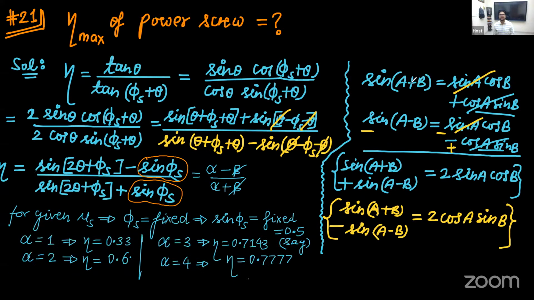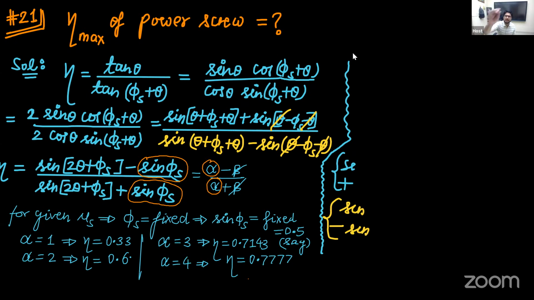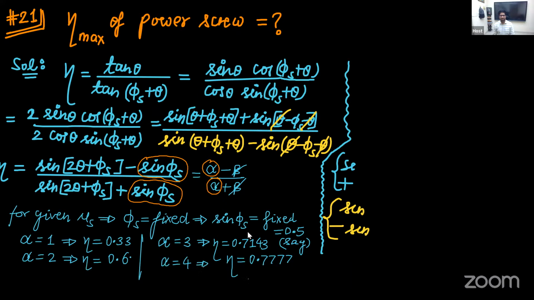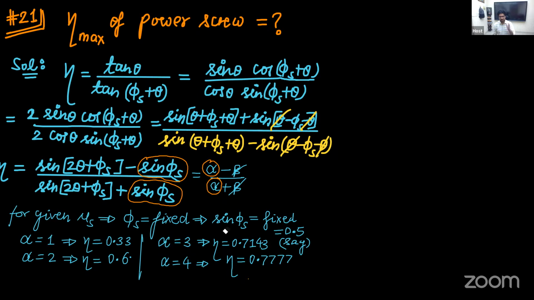If you keep increasing the first term in the numerator and the same first term in the denominator, then my dear friends, you will get more and more efficiency. So I'm very clear now.